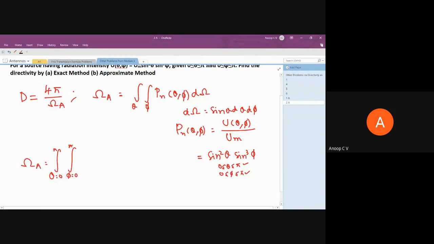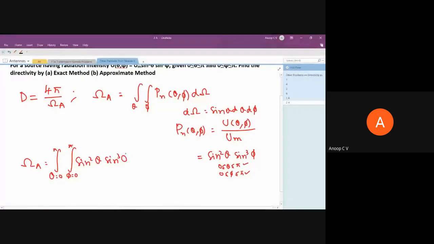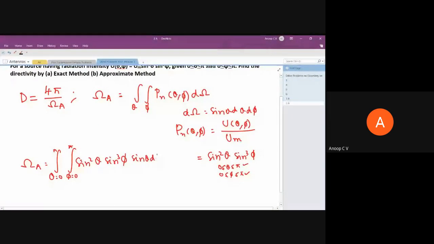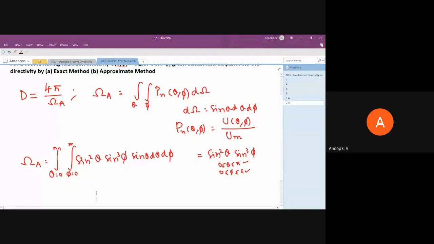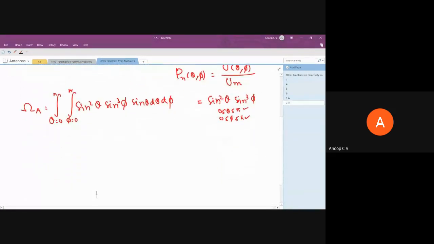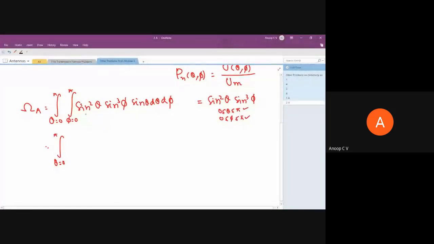Pn of theta comma phi is sine square theta sine cube phi, and d omega is sine theta d theta d phi. We can split it into two integrals. One is integral theta from 0 to pi of sine square theta and sine theta d theta.